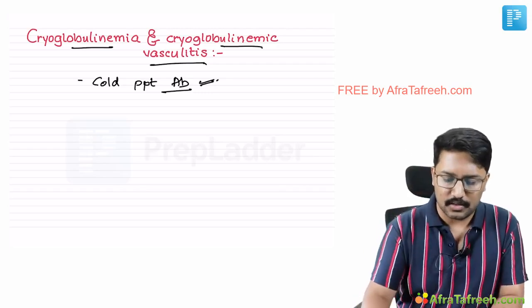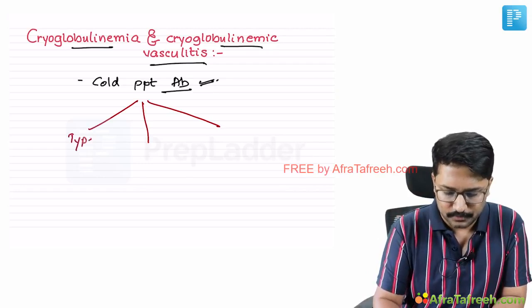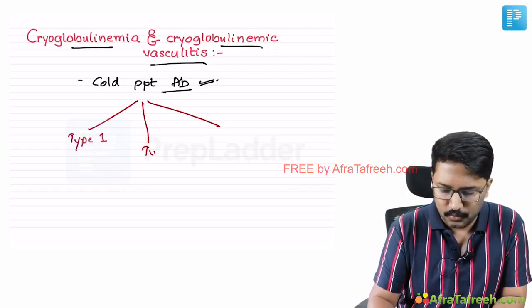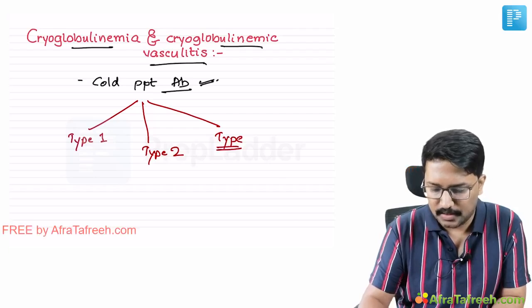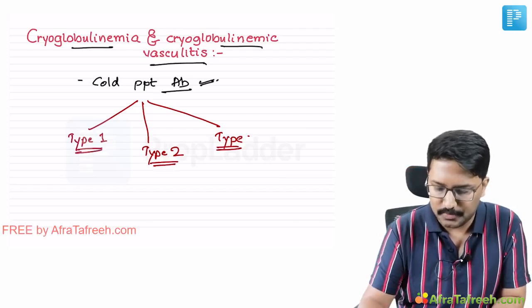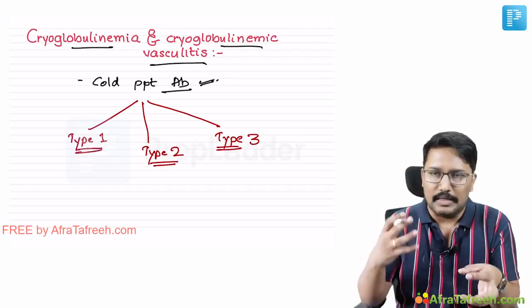So cryoglobulins occur in three types: type 1, type 2 and type 3. When we talk about these types, we have to keep in mind that these cryoglobulins are usually a mixture of IgM and IgG.